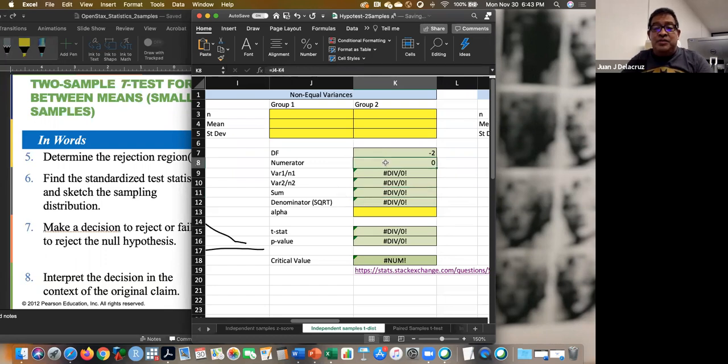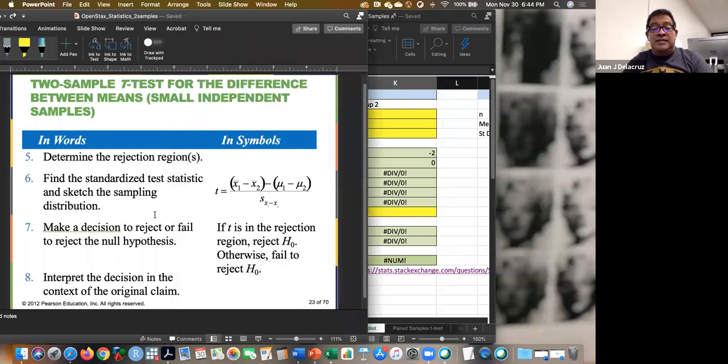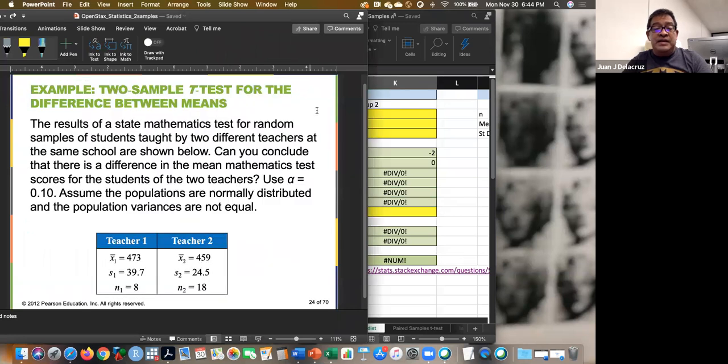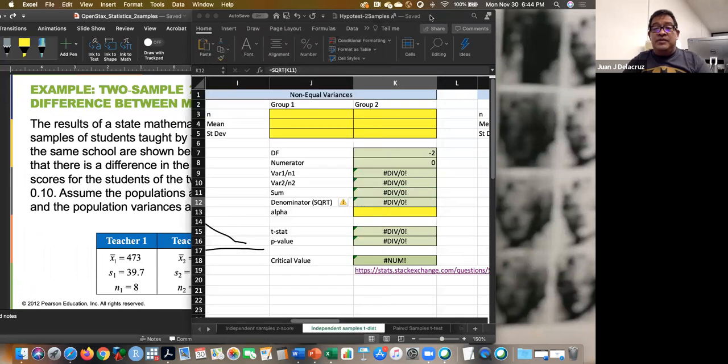So here, for example, the numerator is a formula and the denominator is what is below. So in the denominator, we are going to be using, once again, that the variances are not equal, okay?